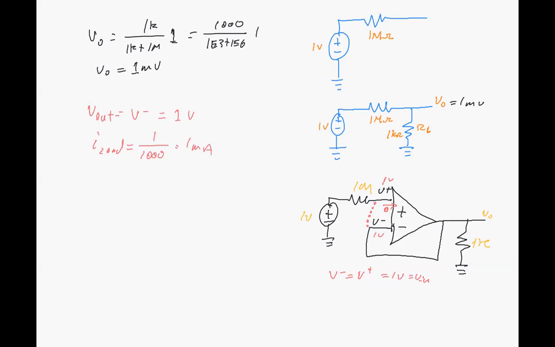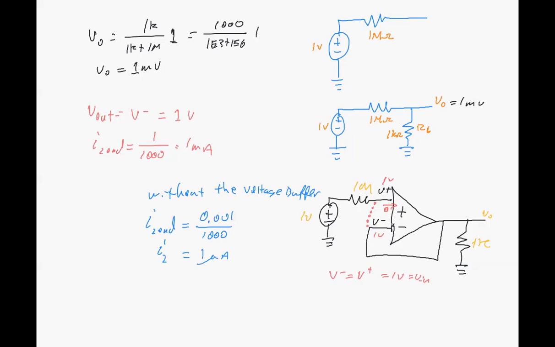If we figured out what we would have for load current without the buffer, let's change color. We would have 1 millivolt on the output, and we still have 1,000 ohms, and that would give us a load current of 1 microamp.